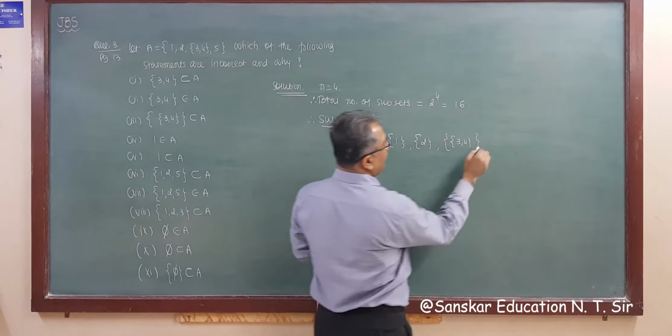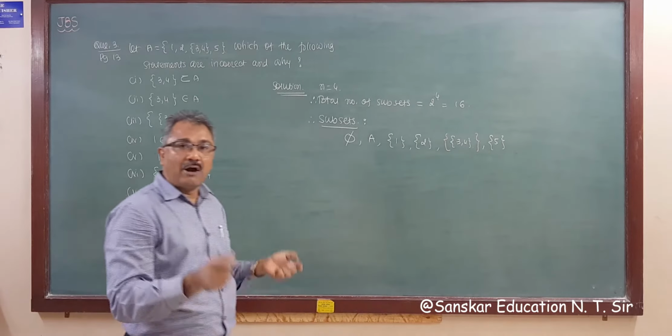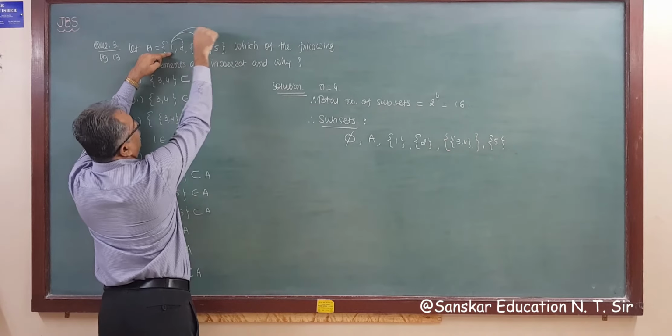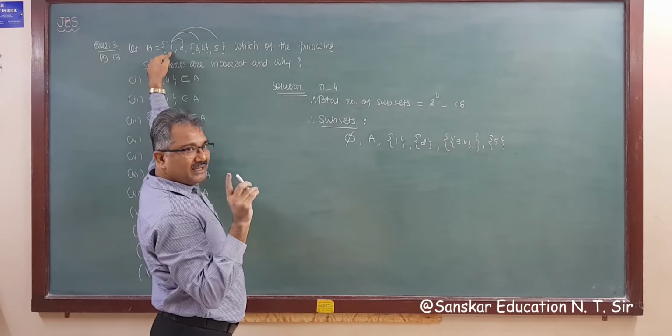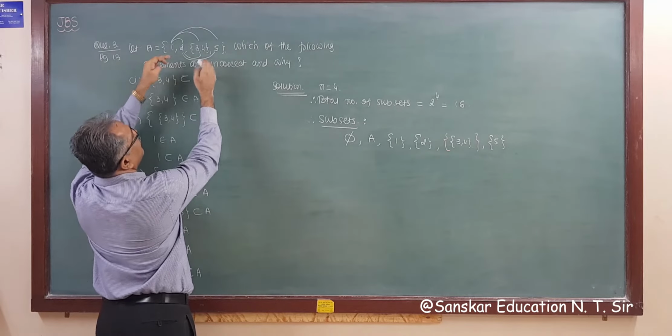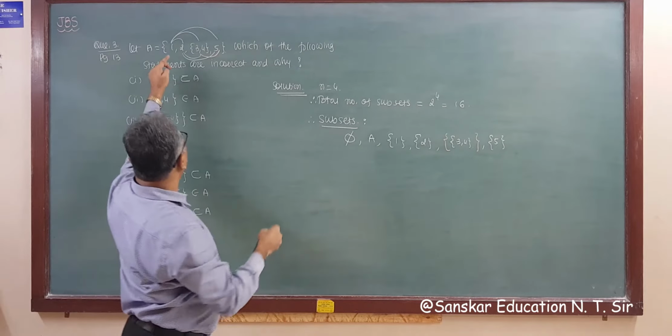Then 5. So these are the single elements. Now pairs means 1 and 2, 1 and 3, 4, 1 and 5. Then 2 and this, and then 3 and 5, this. So we have to write these pairs.